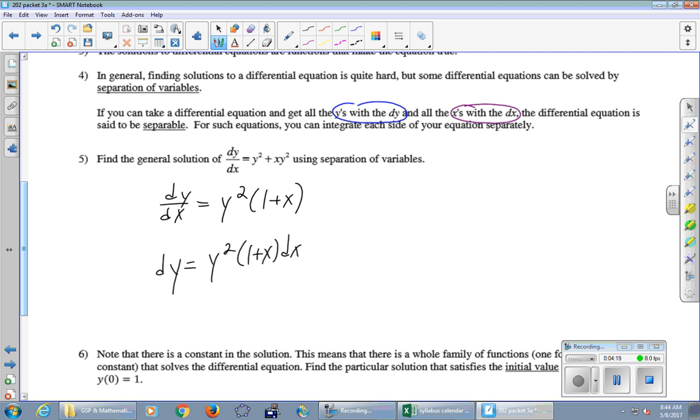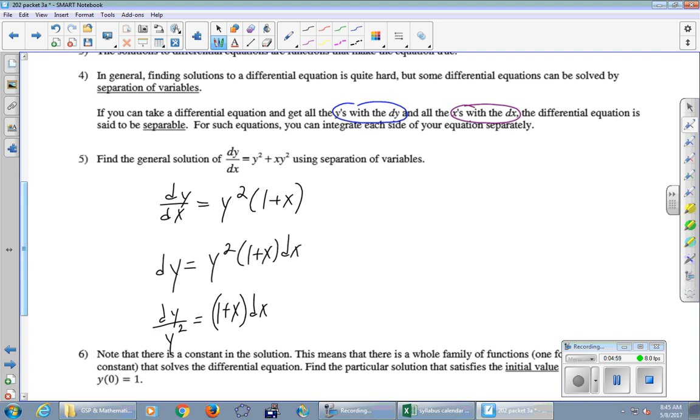So multiplying both sides by dx, and then we're going to divide both sides by that y squared. Okay, so we've done some algebra. We've gotten the dy and the y's on the left, and the dx and the x's on the right.